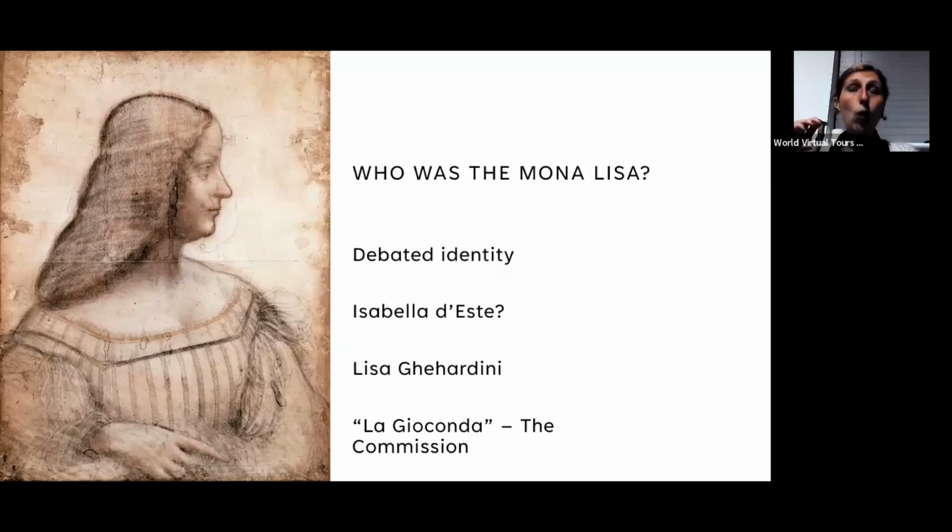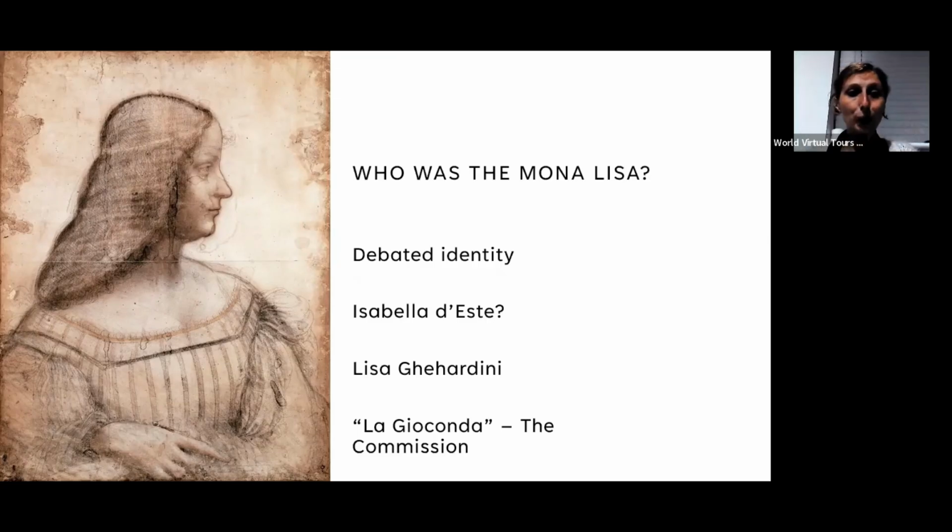So, could this be Isabella d'Este? Perhaps. Is it unlikely? Maybe, because we have active records of a portrait commission for a woman known as Lisa Gherardini, who is the wife of a merchant, and as such has come down in history as La Gioconda, because Giocondo was the surname of her husband, and as such she was like the wife of the Giocondo family.